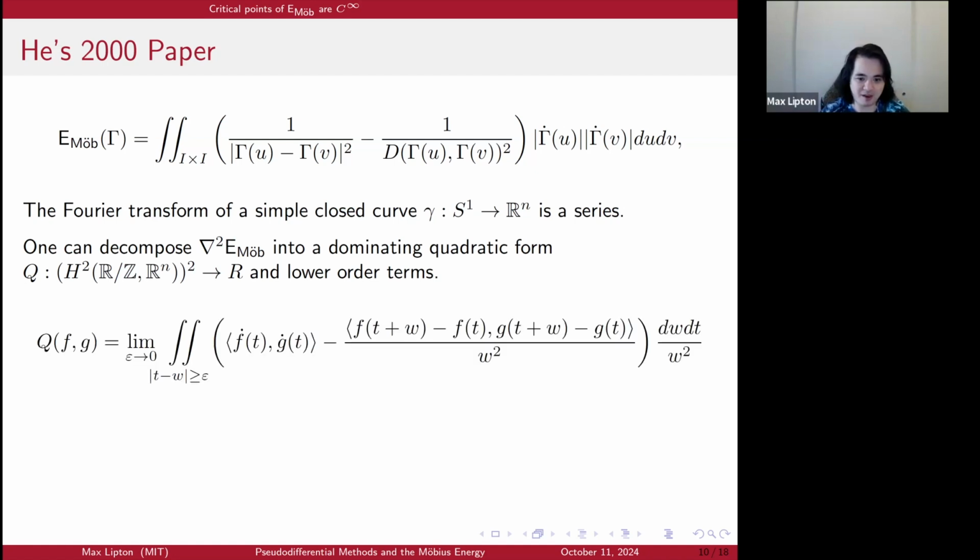And the quadratic form, if you just go in directly with the definition of taking the variational derivative with respect to perturbations f and g that are ways in which you can perturb your given curve gamma, you'll get a dominating term of this form, and I'm not going to speak all of it aloud, but you can see for yourself.